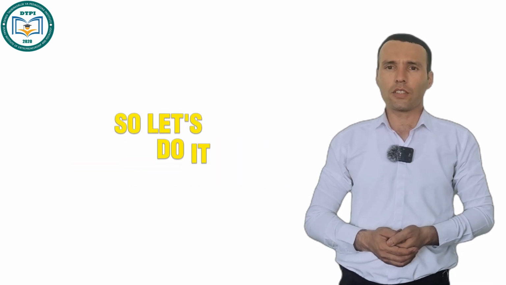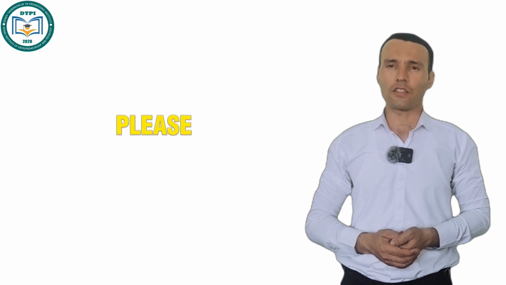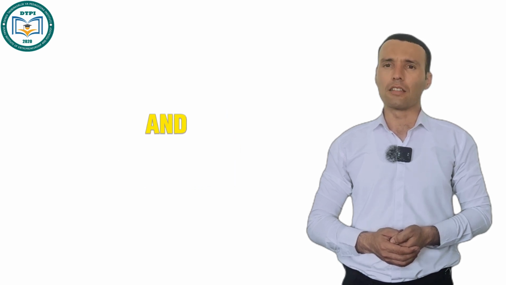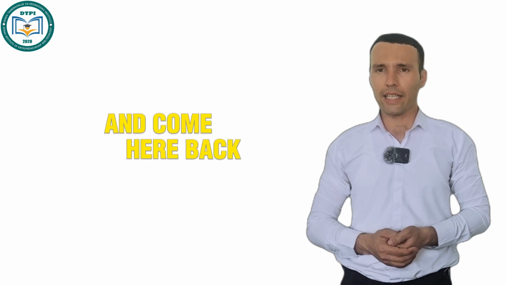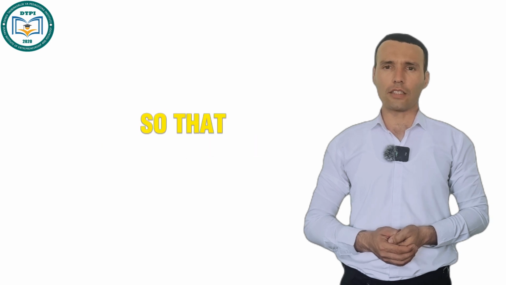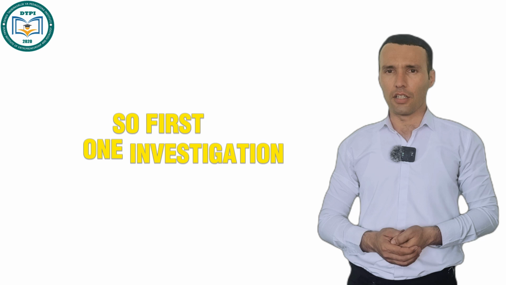So let's do it together, first of all. If you are making some mistakes in matching, please stop this video right here and go back and revise all the vocabulary and come back again and do it, okay? So let me tell you the correct answers here so that you can check them, okay? So first one, investigation.